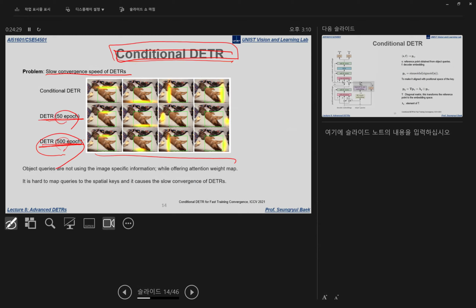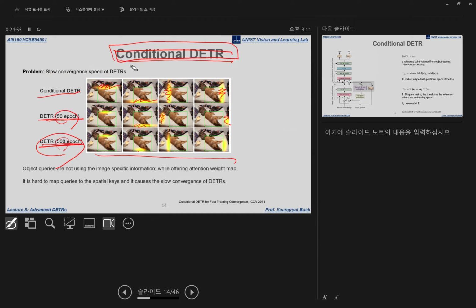But if DETR is trained only for 50 epochs, it does not capture these extrema of the bounding boxes well. But in the Conditional DETR, using only 50 epochs, it becomes able to capture these 4 extrema values of the bounding boxes. That's what they are telling about, okay?